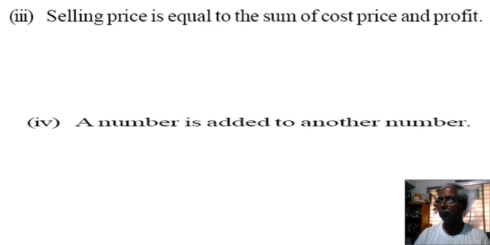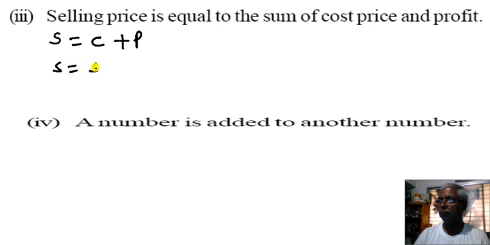Now, the selling price is equal to the sum of cost price and profit. So what will happen in this? You can write selling price, denoted by S, the cost price, denoted by C, and the profit, that is P. These are the variables.